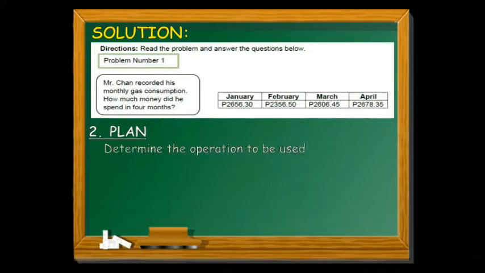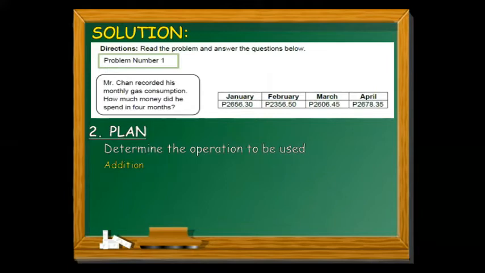Since we are asking about how much money did she spend, ibig sabihin, gaano karami yung pera niyang nagasto sa pambili ng gas from January to April. Pag we are talking about the total number, meaning to say, we will add the four numbers or the four money from January to April. So, the operation can be addition.